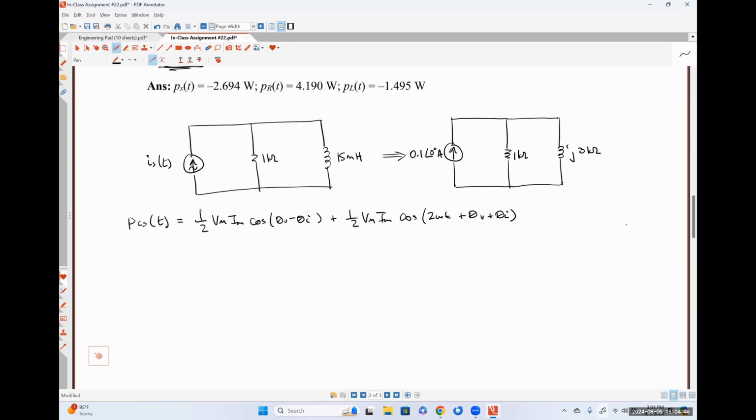Now, I believe that we know what Im is, and we know what theta I is, because it's just the current supplied by the source, right?